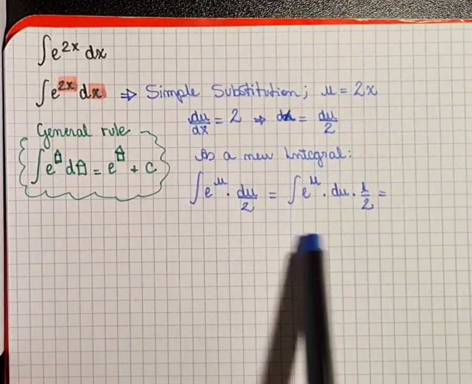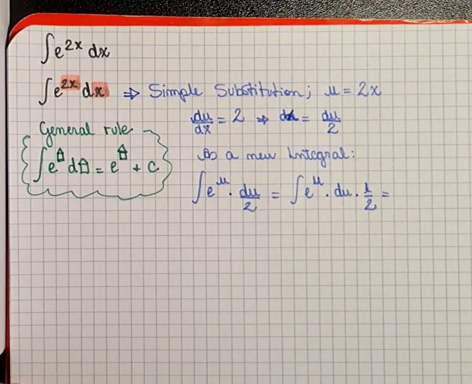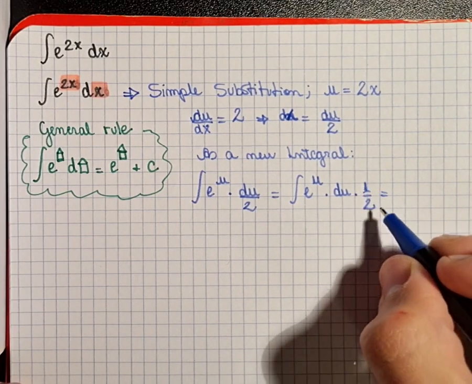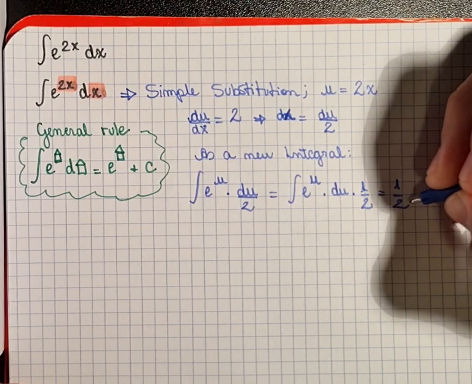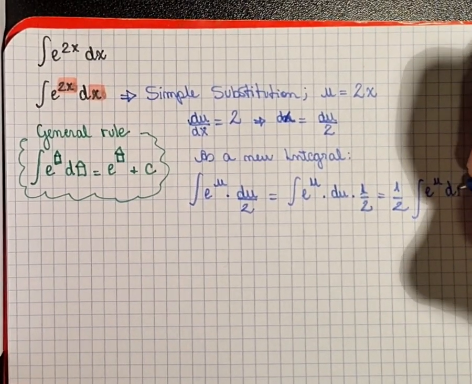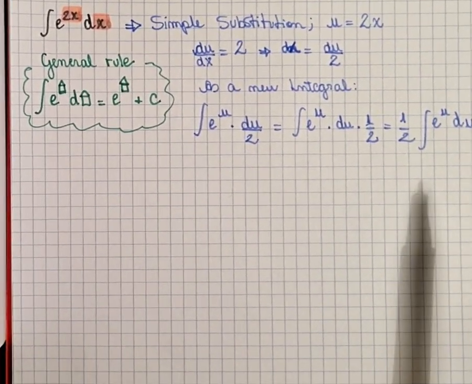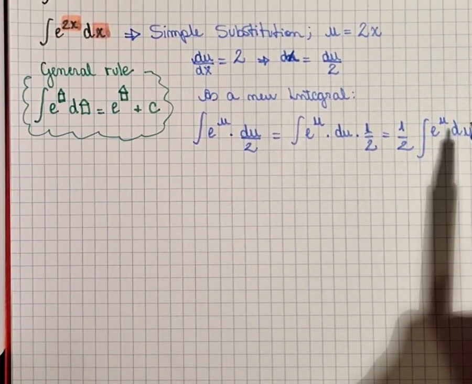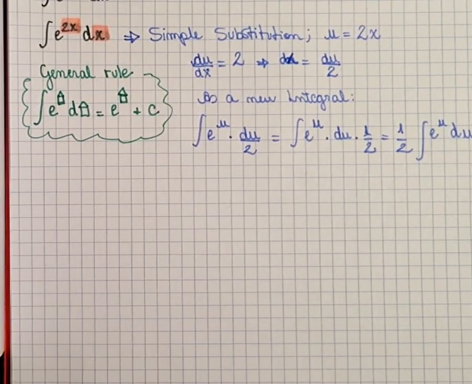As everything is multiplied here inside of this integral, and this is a constant, this can come to the outside of the integral. So it turns things a little bit easier and simpler to manipulate. In fact, this is exactly equal to this thing here.